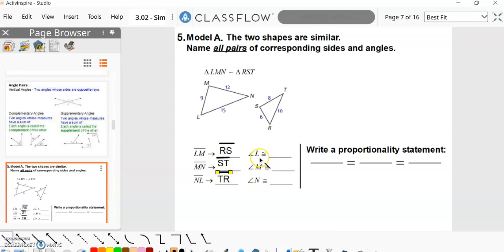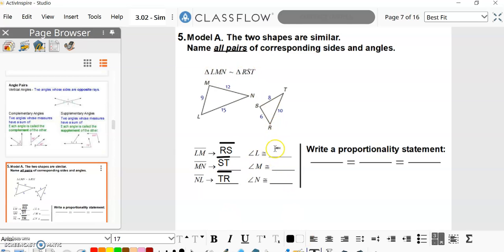All right. Angle L is congruent to, which one is it going to be? Well, it's comparing to R. So this would be R right here.